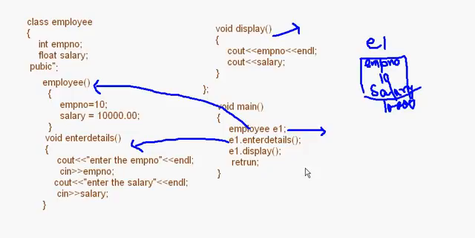So this is a small example in which we have shown how to write a constructor and how the constructor is called by the compiler, when the constructor is called by the compiler, and what actually happens when this program is executed. Okay. So basically the job of the constructor here is to initialize the data members of a class. Fine.